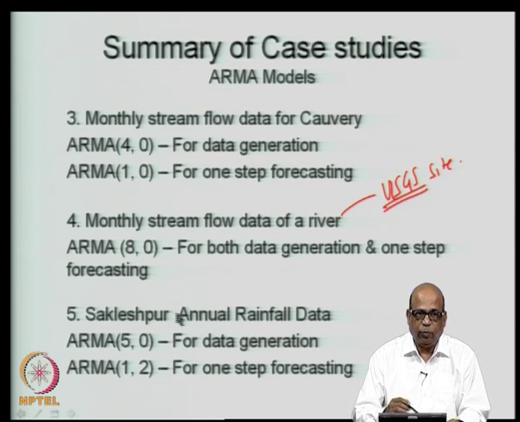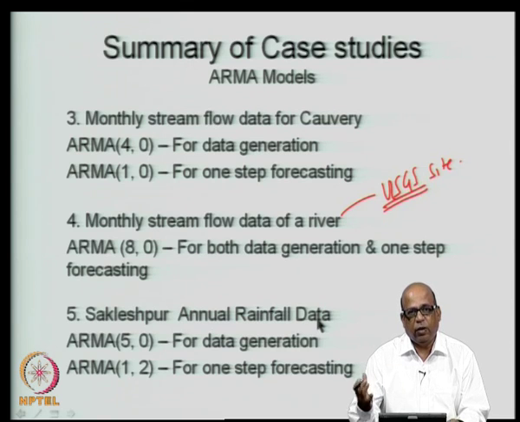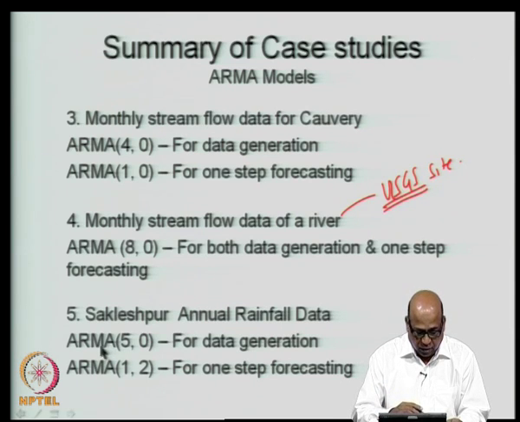Then for the Sakleshpur annual rainfall data, remember rainfall data behaves much differently from the stream flow data. Stream flow is a much smoothened process. We get a model of ARMA 50 for data generation and ARMA 12 for one time step ahead forecasting.